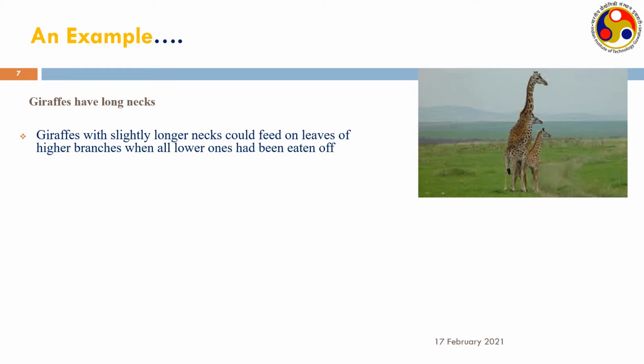So those who are a little bit taller, this is a favorable characteristic. The ones with a longer neck can actually take the leaves from the higher branches. This is a favorable characteristic. They had a better chance of survival because they are also getting food from the higher leaves.